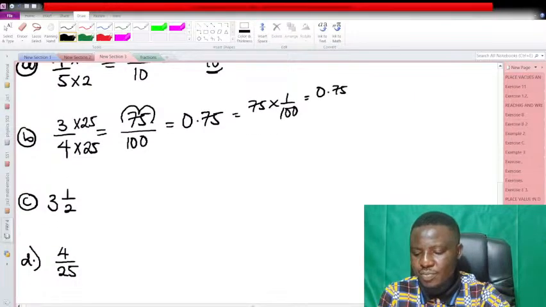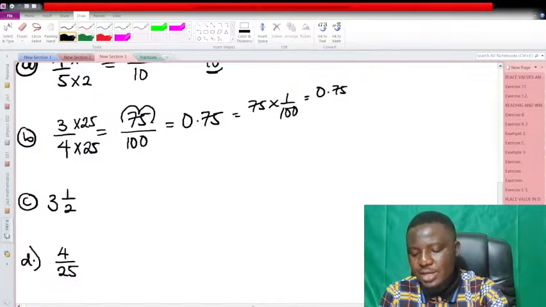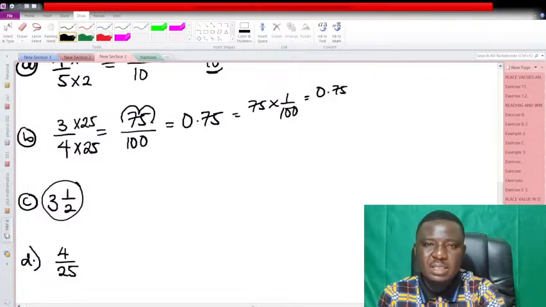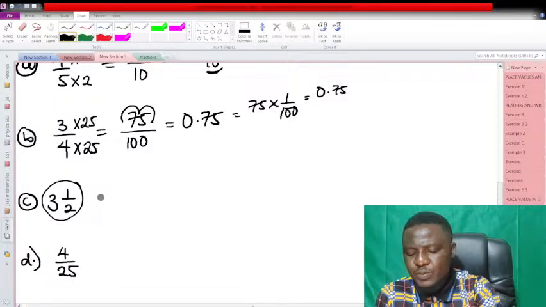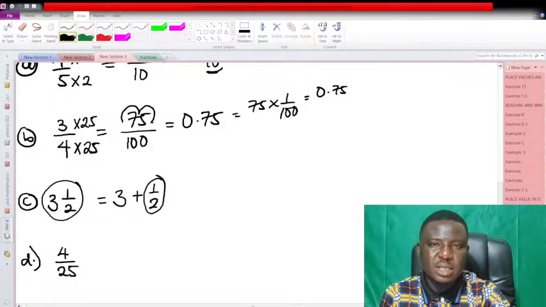C, we have 3 whole number 1 over 2. Now, all you need to do is to express this, first of all, as an improper fraction, or split it into 2, which is the whole number part and the fractional part. Then you express the denominator of the fractional part as a multiple of 10.